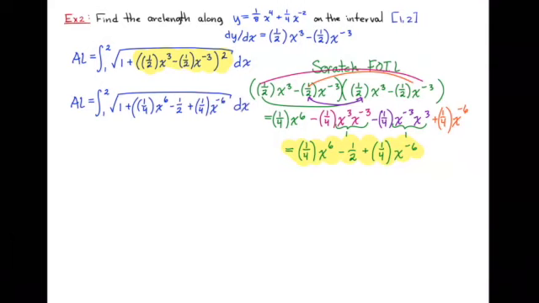Under that square root, we have a 1 and a -1/2, so we're going to combine those terms. We're also going to write the terms in descending order.